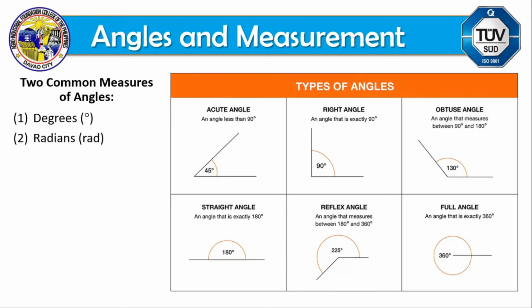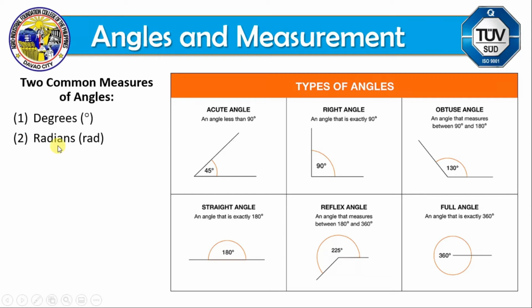Now, these are the various types of angles. I'm sure you have already encountered these in your previous topics in mathematics. We have acute angle, right angle, obtuse, straight, reflex, and full angle. I will not go into the definitions; you can read them. What I want to explain is the relationship between these two common measures.